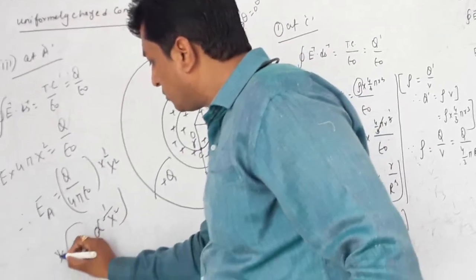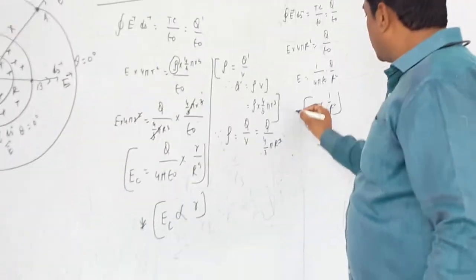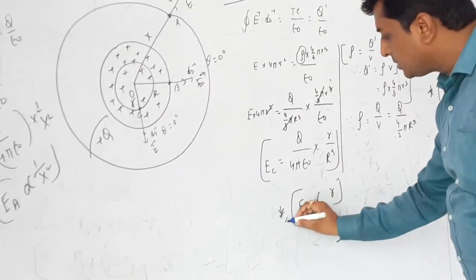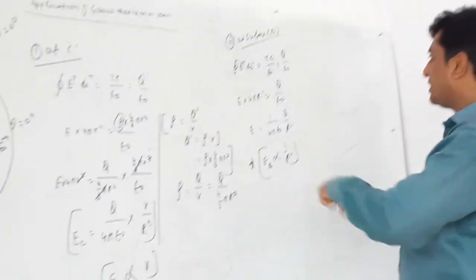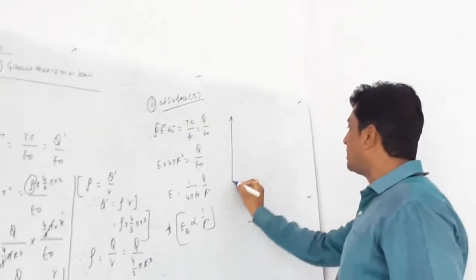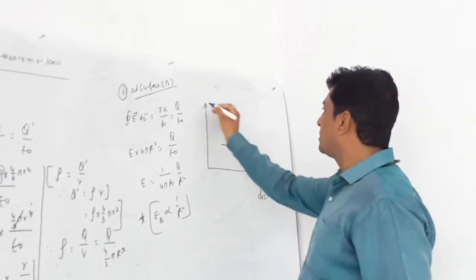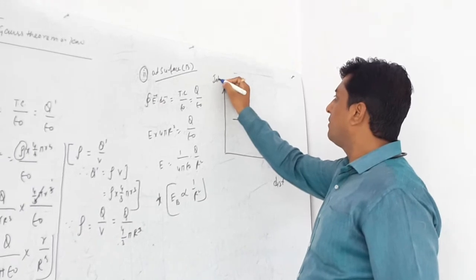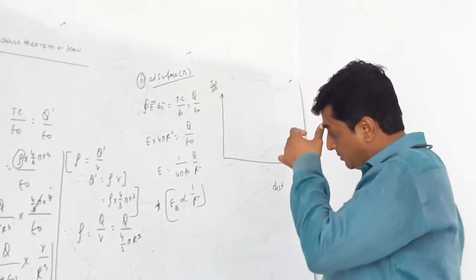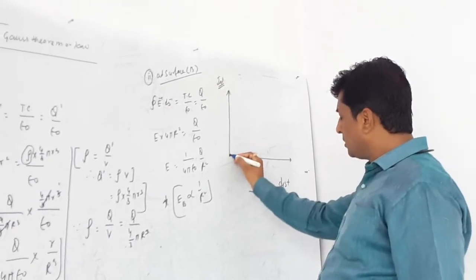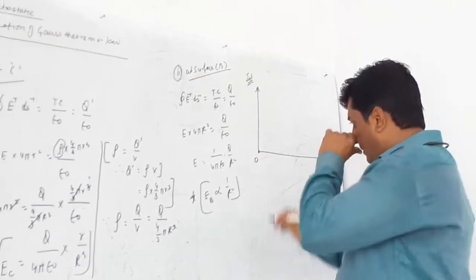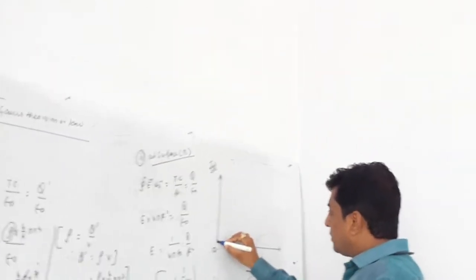So this is for outside, this is at the surface, and this is inside. If you draw a graph between intensity and distance, suppose on the x-axis you have taken distance and on the y-axis you have taken intensity. Now this is the origin, that is 0. You will get the graph in this way.